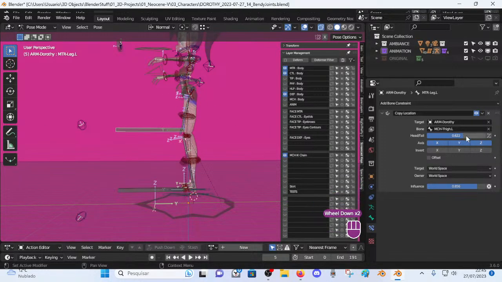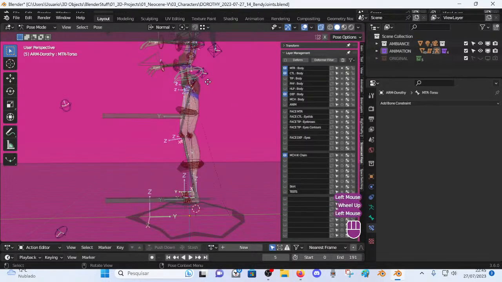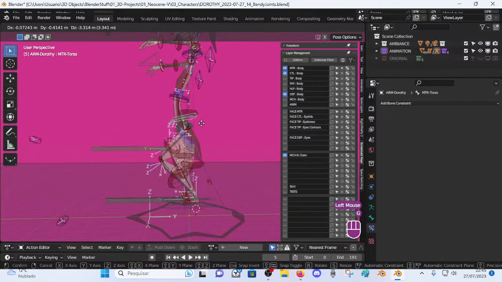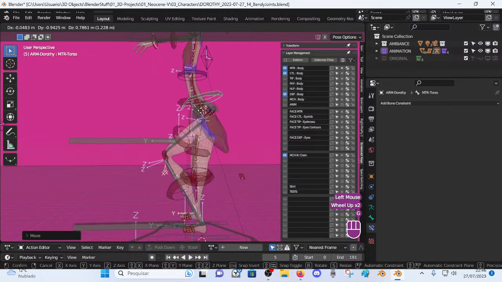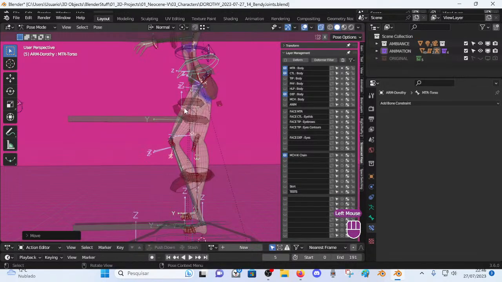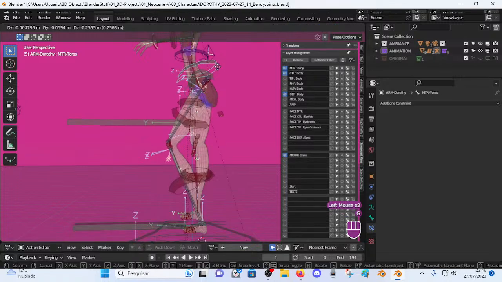Thanks to something like this, right? Not exactly the influence, but for some reason, yes, because it is copying location, and it is somewhere here, it will move down along this bone, but this bone doesn't move down this way.